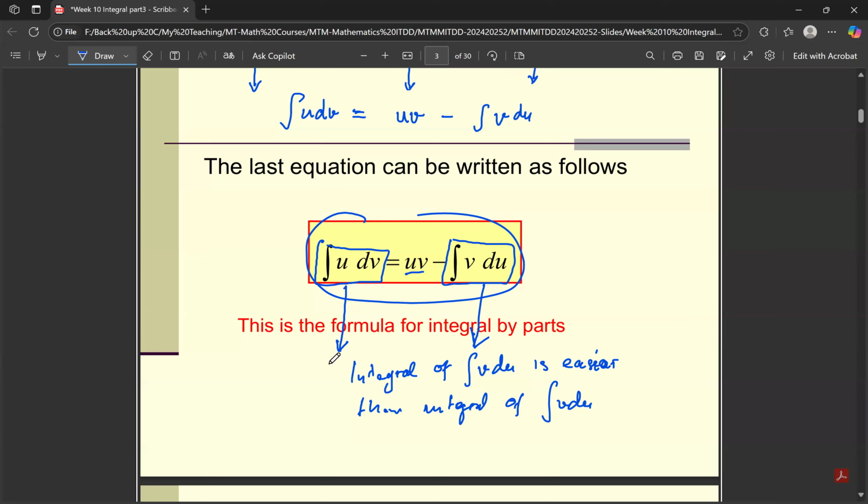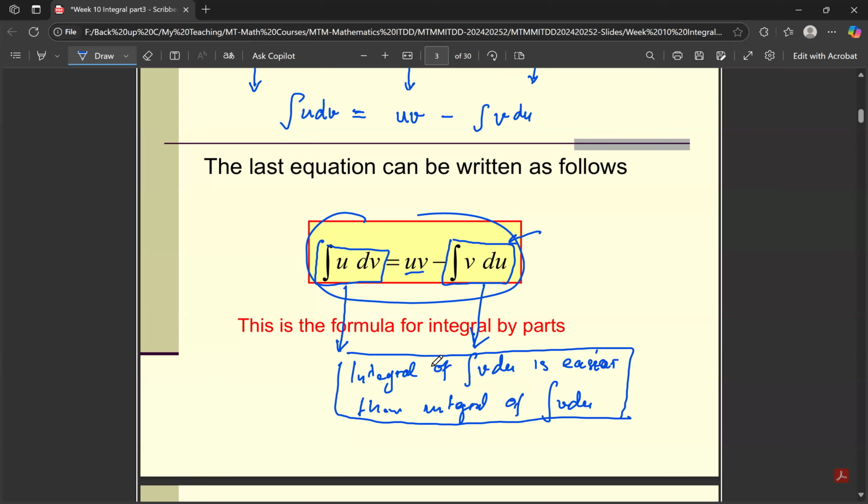Of course, we want to solve the problem of the integral on the left. Then we hope that by using integral by parts, we have an easier integral on the right. So this is the idea.